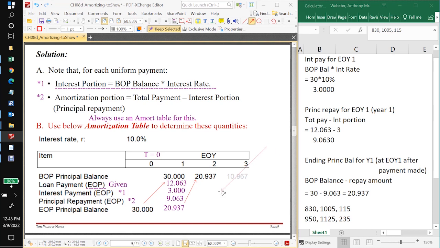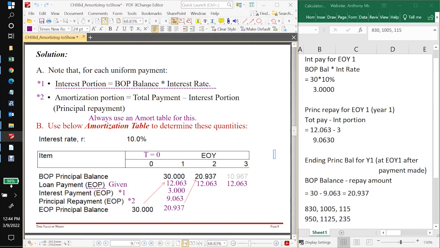And now I think we can say here with extraordinary confidence that the uniform payment, since it's a uniform payment, is 12.063. And since that's a uniform payment, we can go ahead and put it in year 3 now at this point too. That's the whole point of a uniform payment, right? It's uniform. It's going to be the same in all periods. All right, so that's looking pretty good.